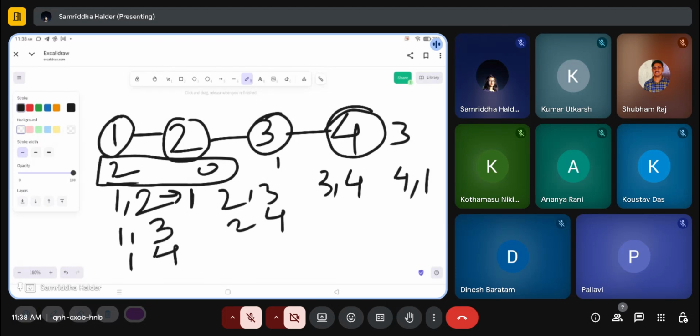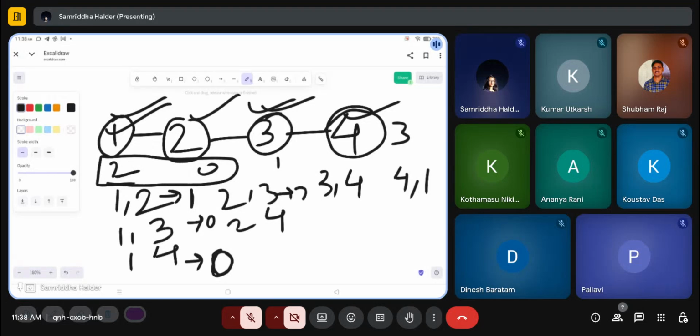1, 3. Here we have also put in the 1, 3 nodes, this and this. It is 2, 1. So we are missing out on 0. In 1, 4, this node and this node, we have 2 and 3. We are missing out on 0 here also because 0 is not there in 2, 3. Similarly, in 2, 3, this nodes 0 and 1, we have 0, 1, so we will put here 2.